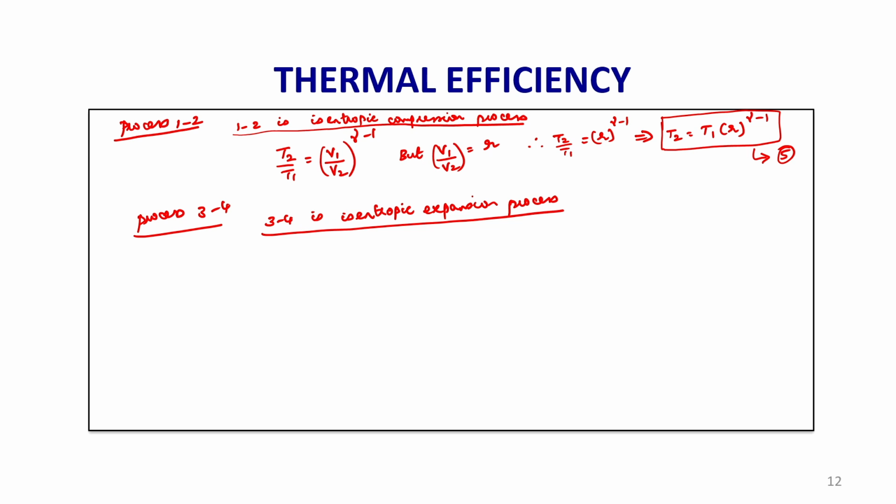We should remember that whenever you write a relation using gamma, the process should be a reversible adiabatic or an isentropic process. Suppose I try to write a similar equation for process 2 to 3, that is not correct, because 2 to 3 is a constant volume process. Similarly, 4 to 1 is a constant volume heat rejection process. 2 to 3 is a heat addition process at constant volume. So, for a constant volume process or a constant pressure process, one should not write an equation involving gamma.